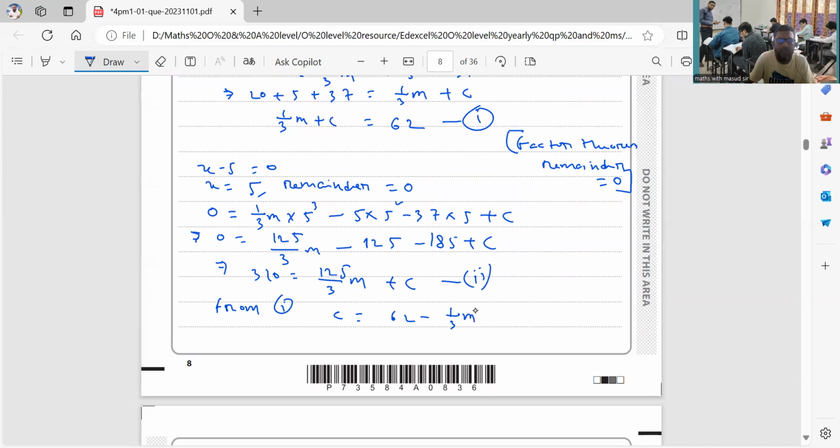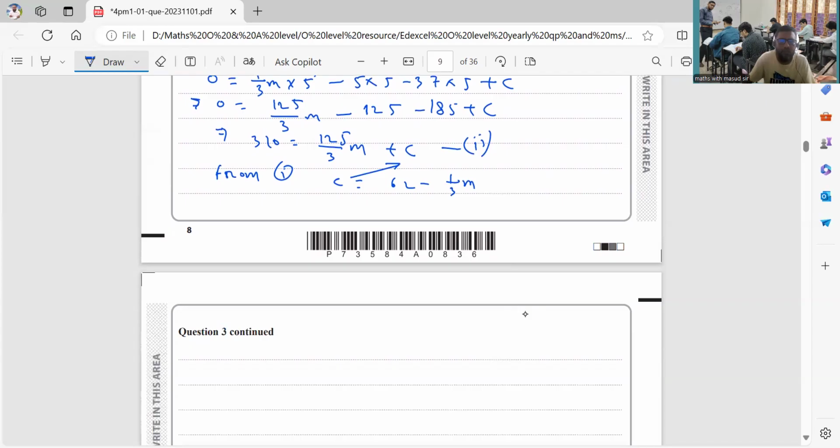And you have to replace the c value in the equation number 2. So from equation 2, it will be 310 equals 125 by 3m, and c equals 62 minus 1 by 3m.